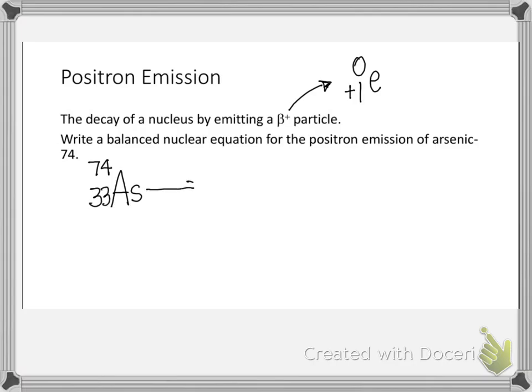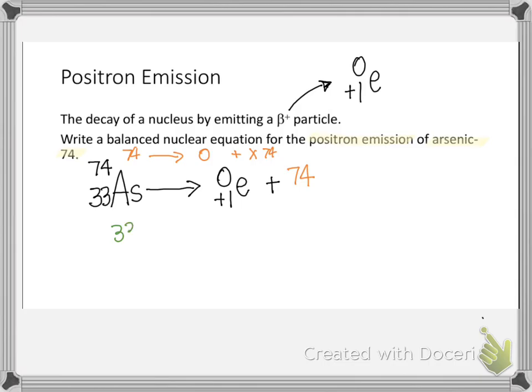Now it is emitting, so what I just did was wrote that. And it's emitting a positron, so let's put the positron symbol in. And there has to be something else, right? Because it's definitely not balanced. So on this side I have 74. It's going to a 0, so whatever this number is has to be 74, because 74 plus 0 is 74. It has to equal the same on both sides.